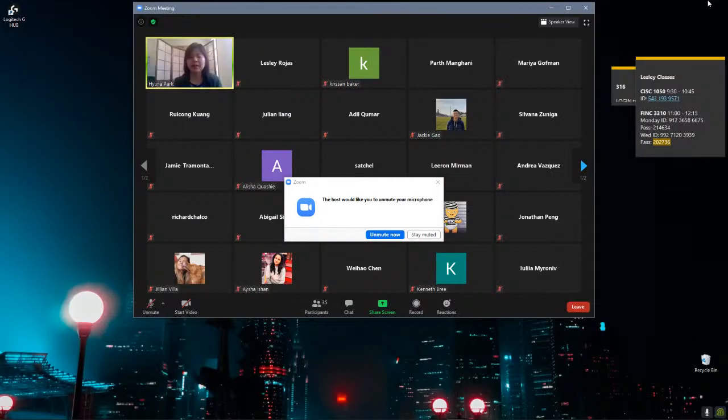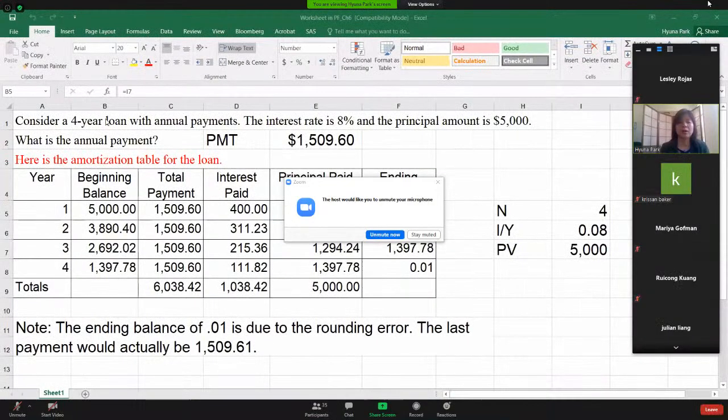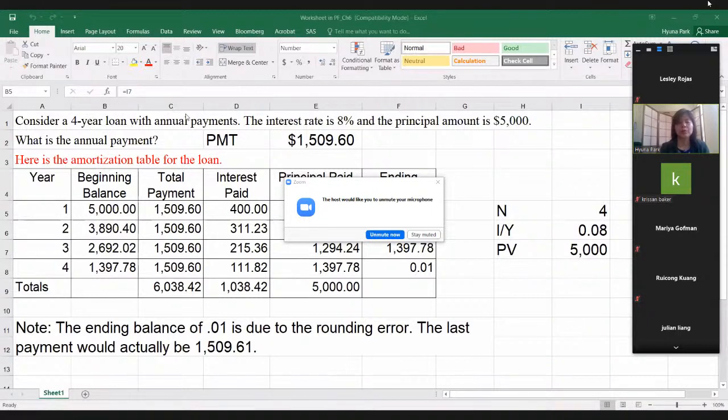you can open this Excel file. So let me share the Excel file. In this example, a 4-year car loan, suppose it's an annual payment and borrowing $5,000 at an interest rate of 8%. What is the annual payment? So how do you find it?